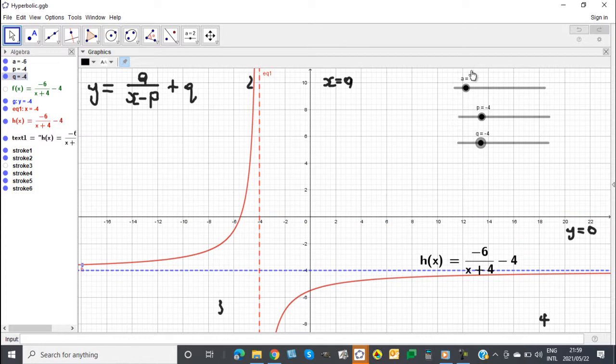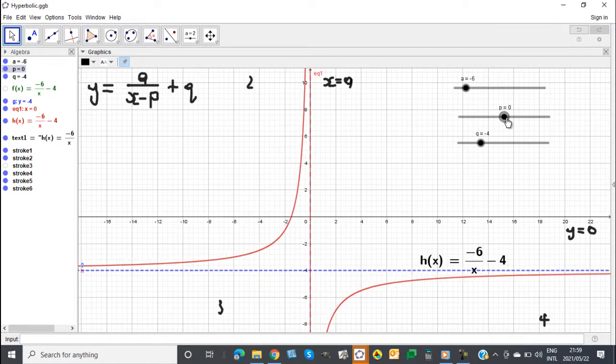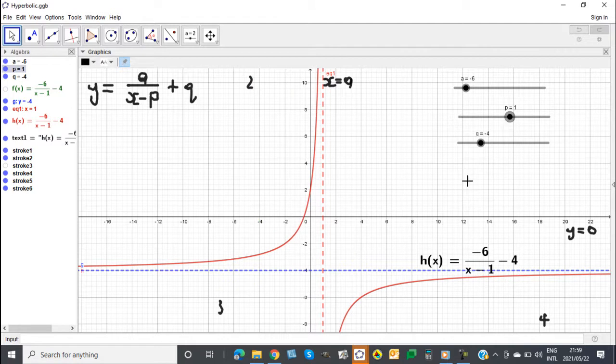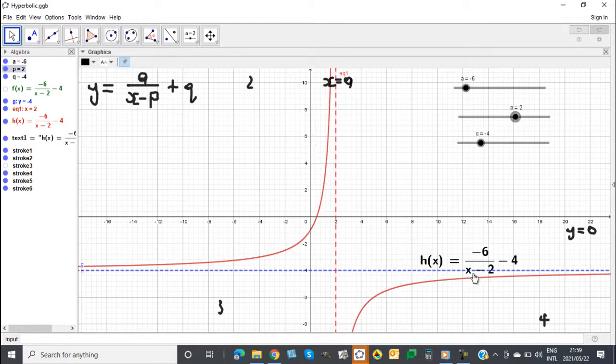So your a is negative, the graph is in the second and the fourth quadrant, and our horizontal asymptote is now at y equals -4. P can be 1 or 2 for that matter.